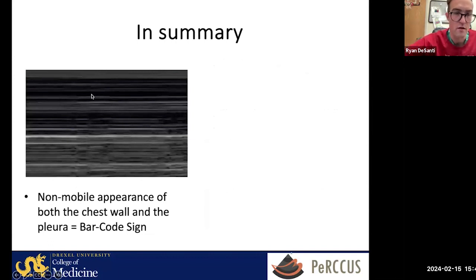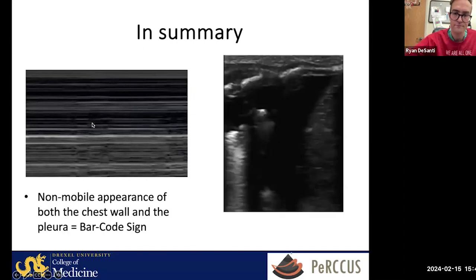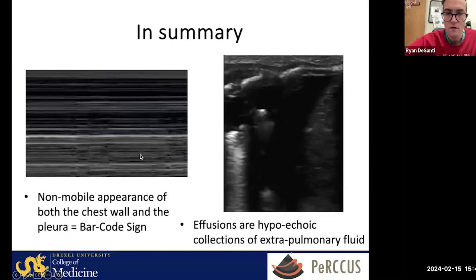We will get non-mobile appearance of the chest wall and of the underlying pleura, which leads to what's called the barcode sign. And this compares to when we have mobile appearance of the pleura, we get the seashore sign, where you have no movement of the subcutaneous tissue, and then hazy movement of the pleura.